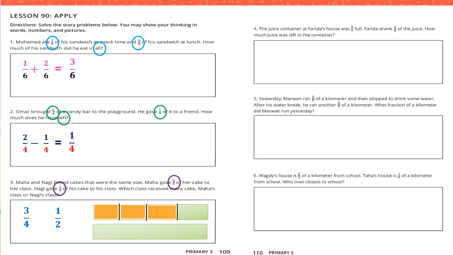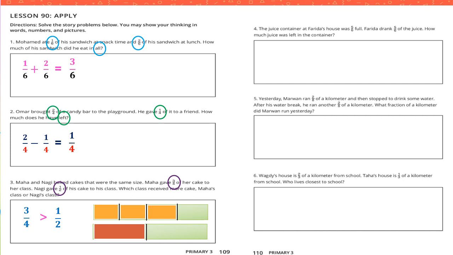I will draw another bar to express half, and I divided it into 2 halves. Which is bigger, the first model or the second model? The 3/4 or a half, which is the bigger amount? Yes, 3/4 is bigger than half.